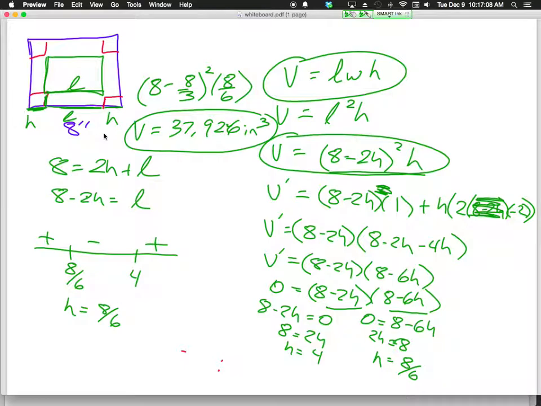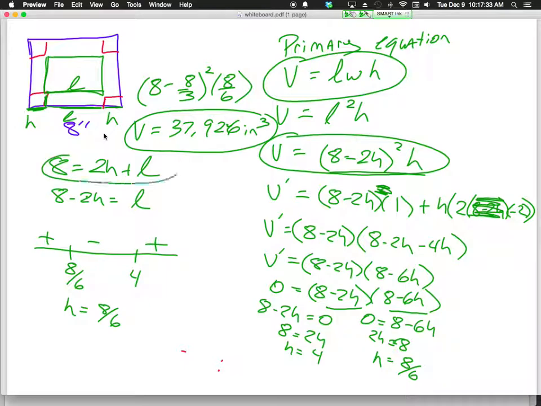Whatever you want to find the maximum or minimum of, that's what you want to take the derivative of. So whatever you want to take the derivative of is going to be called your primary equation.